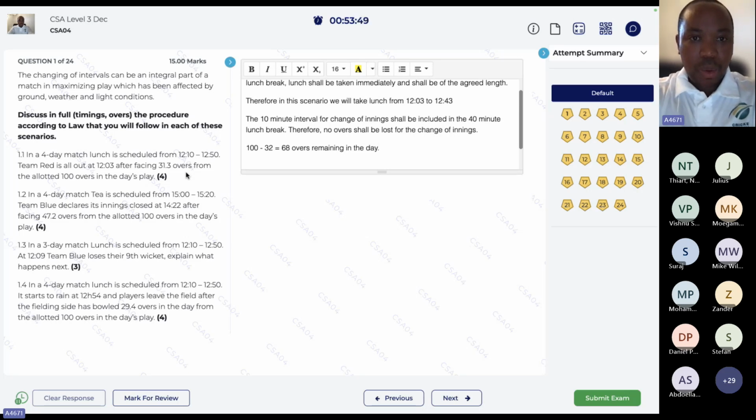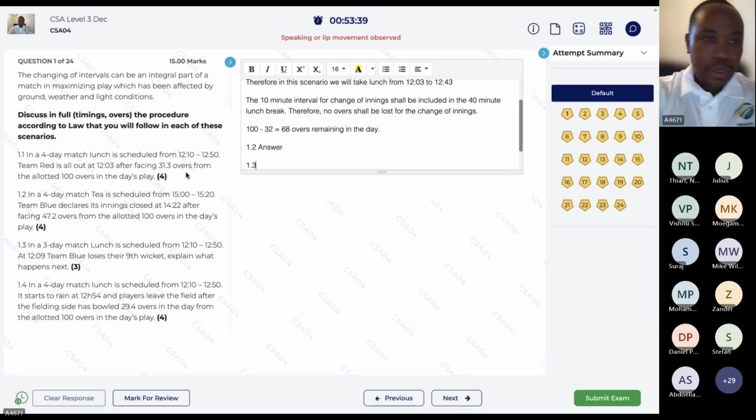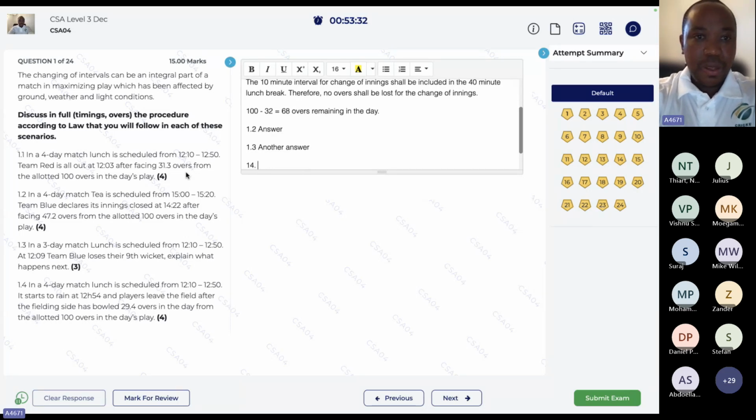So I'll go 1.2 and I'll put in the answer for 1.2. I'm not going to read the question and answer it fully. 1.3, another answer. 1.4, hopefully another correct answer.